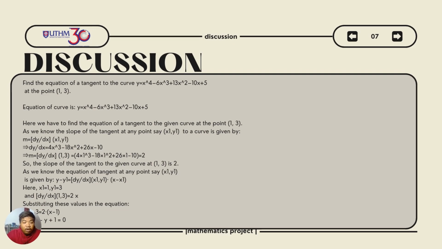So the slope of the tangent to the curve at the coordinate (1, 3) is 2.